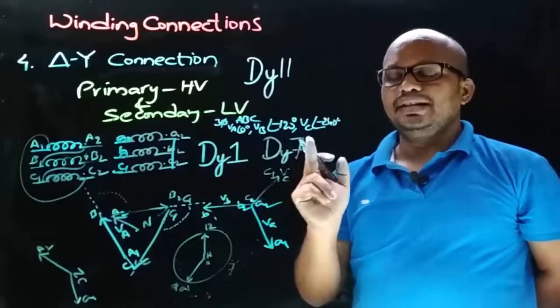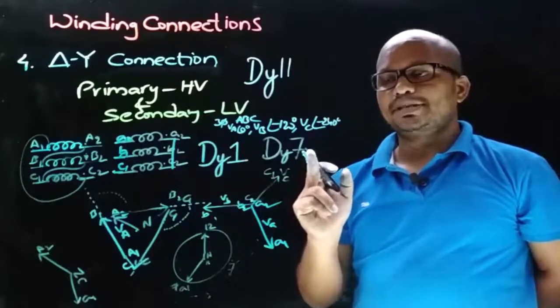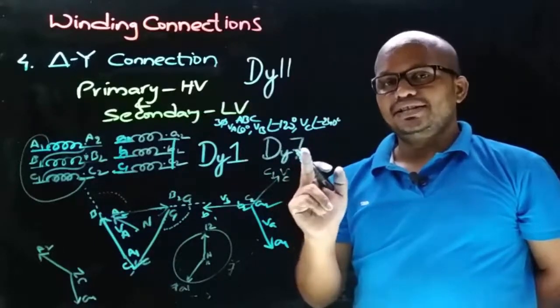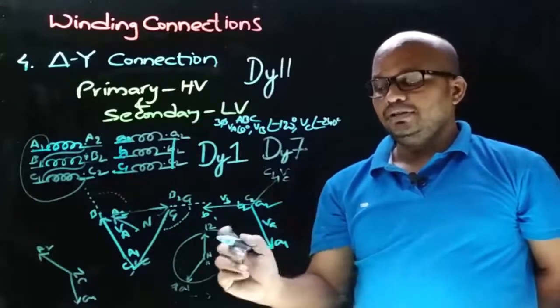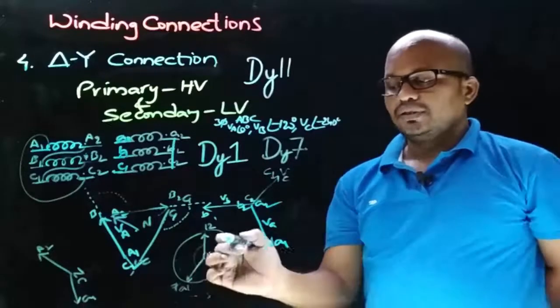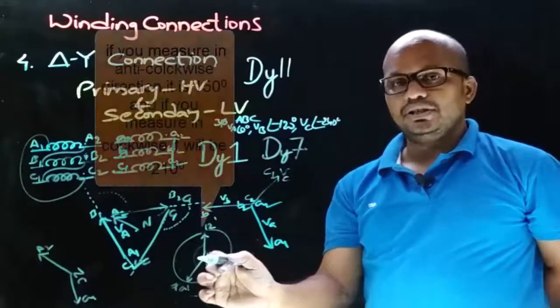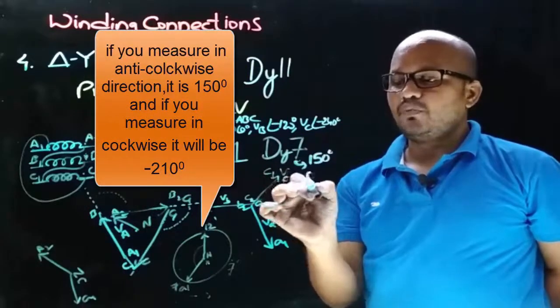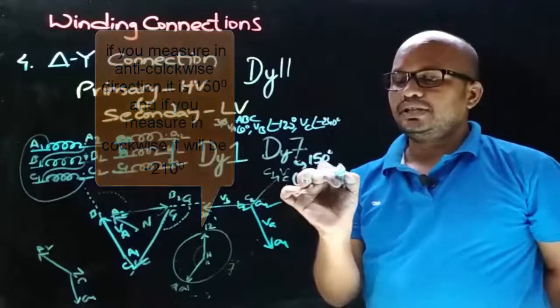It indicates the LV winding phase to neutral voltage displacement with respect to the HV winding phase to neutral voltage, given by the angle between the minutes needle and the hour's needle. The angle is 150 degrees, which can be written as 180 degrees minus 30 degrees.